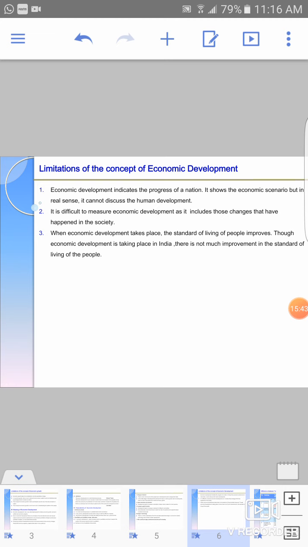There are certain limitations of economic development as well. What are the limitations? Basically, economic development indicates the progress of a nation. It shows the economic scenario, but in the real sense it cannot discuss human development. As we talk about India, the nation is progressing right now.